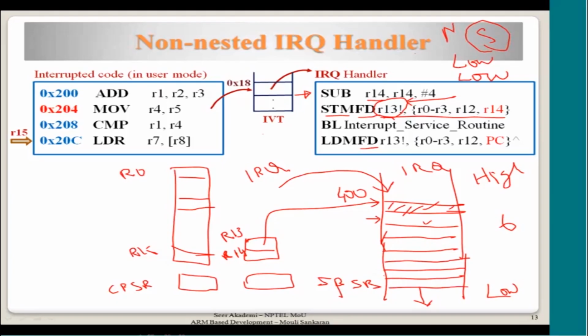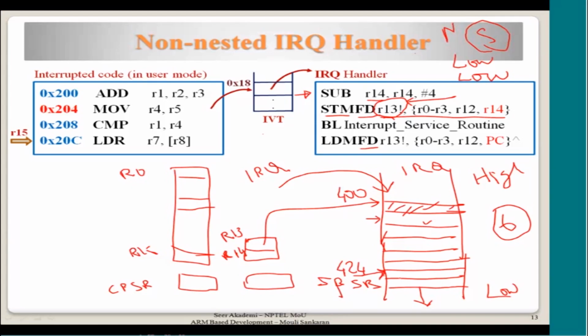So 1, 2, 3, 4, 5, 6. Very good. So after the loading is done, 6 into 4 is 24. I will write it in decimal form, not hexadecimal form. So now this is the address where the stack will come.